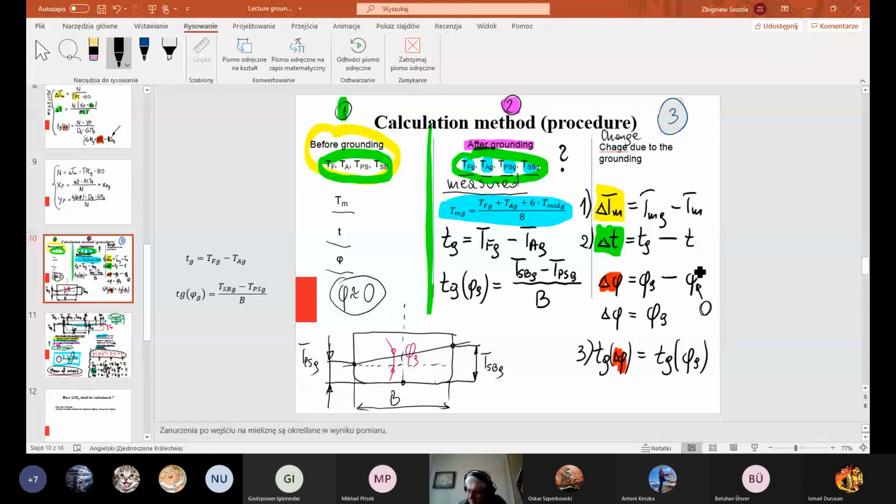If we assume that during the voyage the ship was in upright position in the transverse direction, so heel was equal to 0 or almost 0, we can take it that the change of the angle of heel is the same angle of heel that has been measured after grounding.